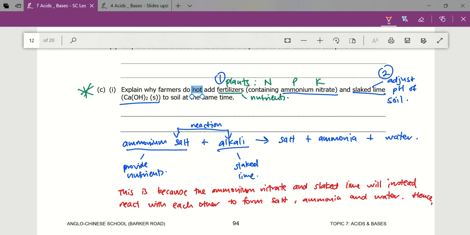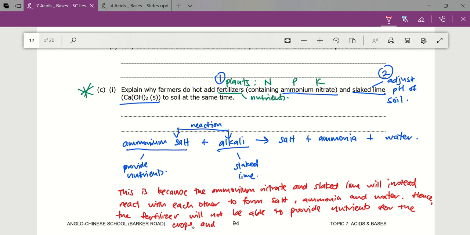Hence, the ammonium fertilizer will not be able to provide nutrients for the crops, and the slaked lime will not be able to adjust the pH of soils.